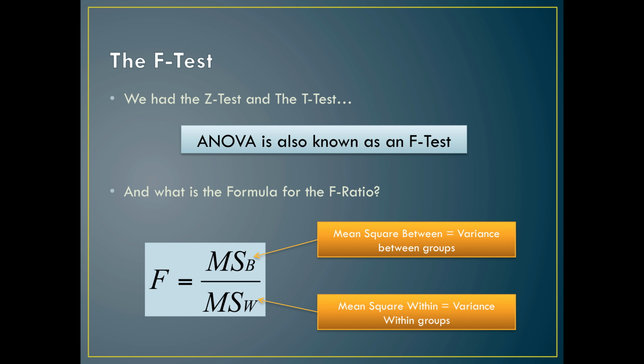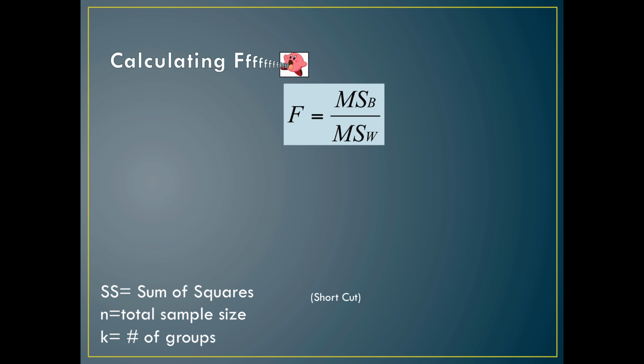But there's a possibility I might not give you MSB and MSW, because this is not the full formula. MSB is actually equal to SSB divided by K minus 1. That is the sum of squares in between divided over K, which is the number of groups that you're having, minus 1.